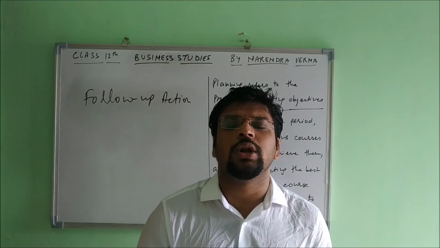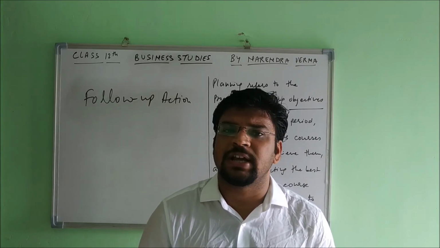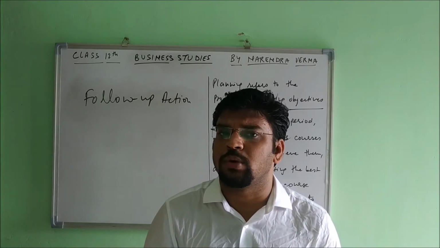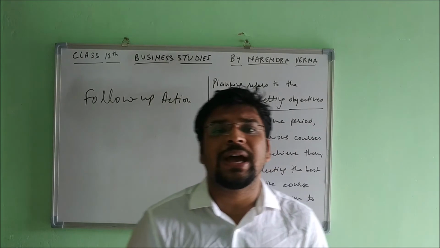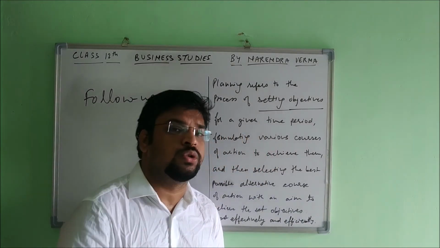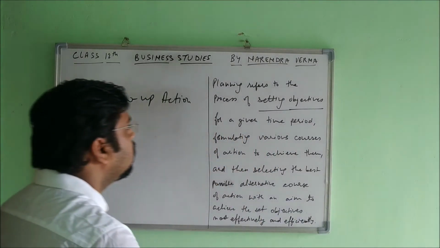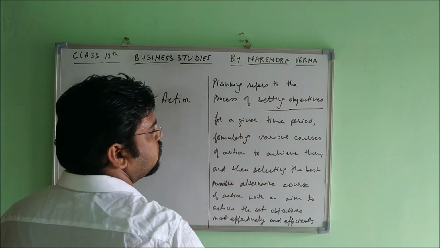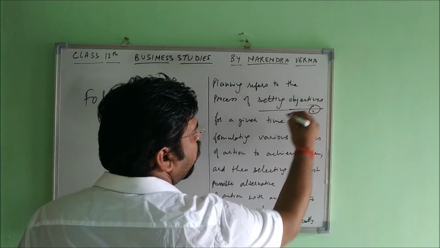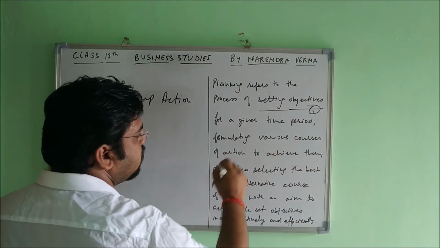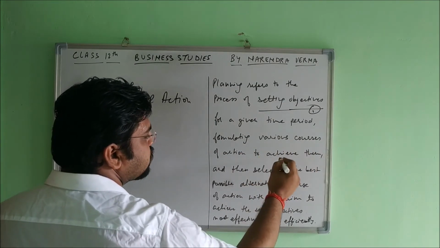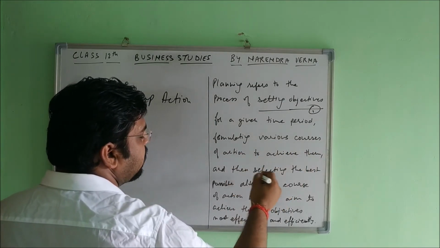So this was all about the planning process. There were 7 steps and we have understood all those steps one by one. And like I told you, the definition includes all those steps. Let's read the definition. Planning refers to the process of setting objectives, step 1, for a given time period, formulating various courses of action to achieve them and then selecting.